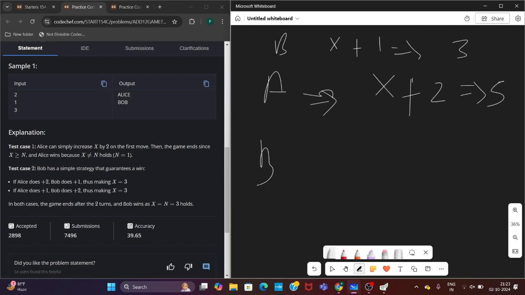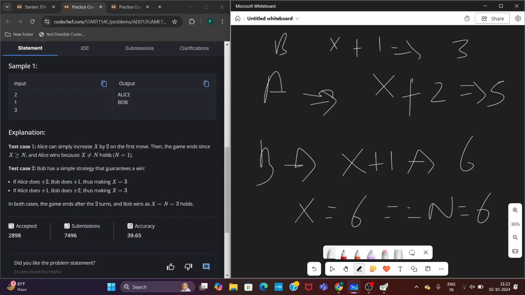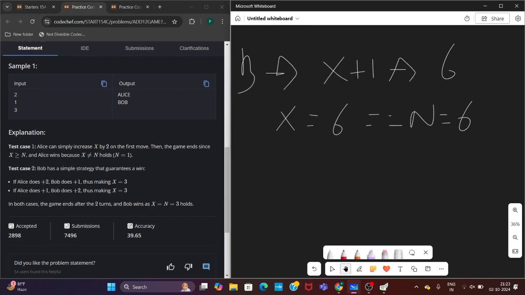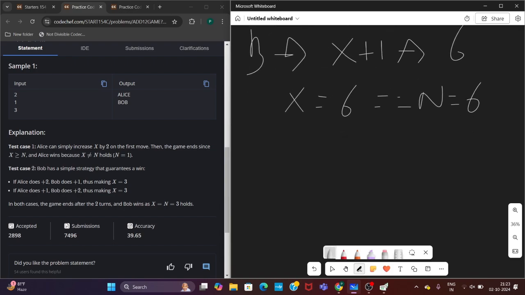Then Bob increments x by 1 and makes it 6. So x is 6, which equals n equals 6. We know the condition that if x equals n, Bob wins.